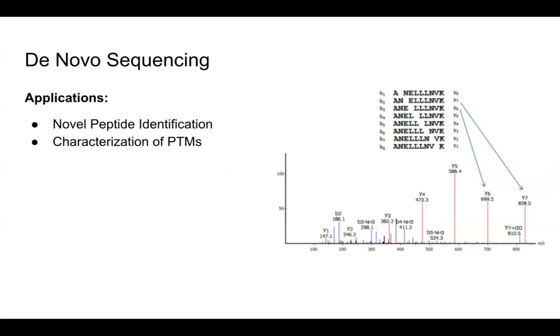So in terms of applications, de novo sequencing is particularly useful when the database is no longer useful, because you can now identify novel peptides or proteins that are not present in previous publications or databases. And this method can also help identify unexpected modifications or novel variants that again may not be represented in existing databases.